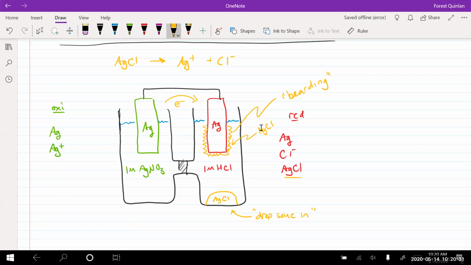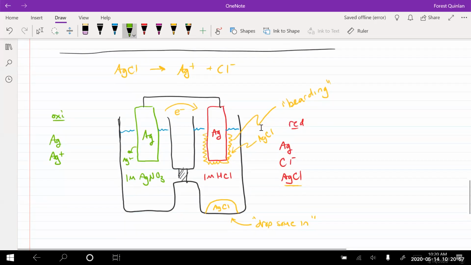So again, we take that HCl, we put our silver in there, we go zap, boom, it's bearded, we stop it, we leave it alone, then we hook up our battery and say, okay, go. And this electrochemical cell does that. The silver will throw its electrons over there, which means silver ions are popping off. And the chlorides will do their thing on the other side as well. These electrons get pumped into the silver electrode, and all of this AgCl, this bearding, the chlorides come off of it.